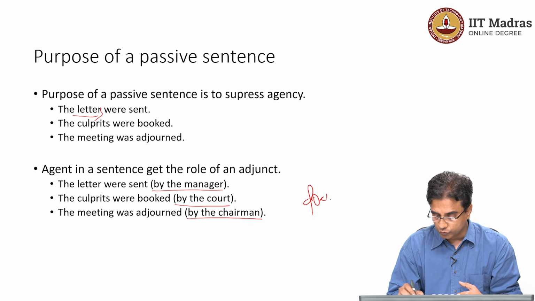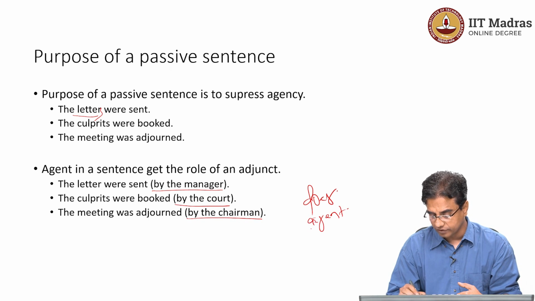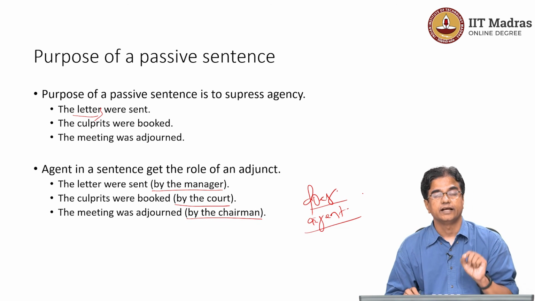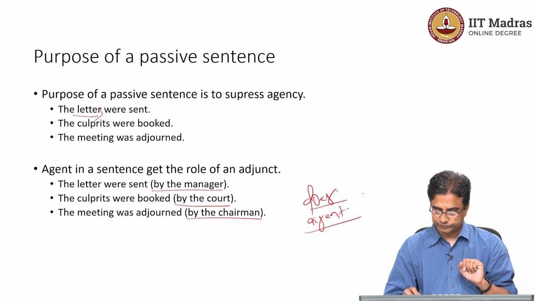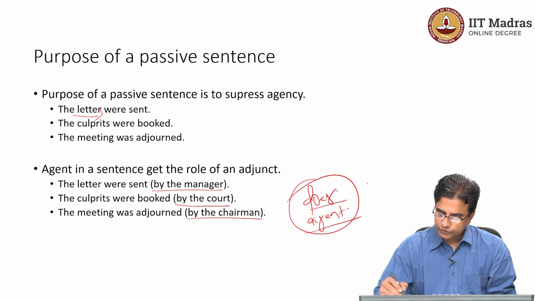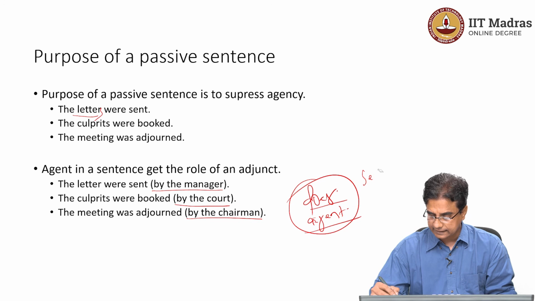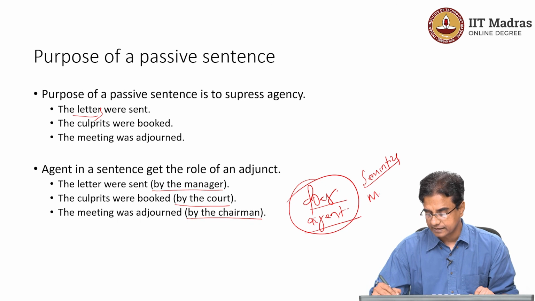So, doer and agent is important for us to understand for passive constructions. And so this is related to semantics. Semantics simply means meaning.